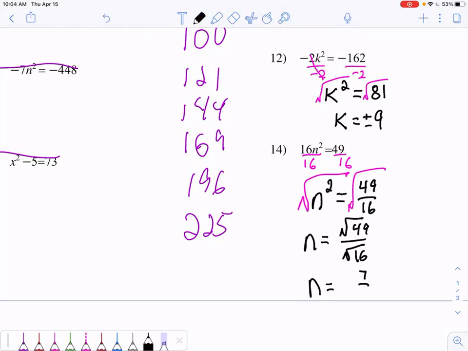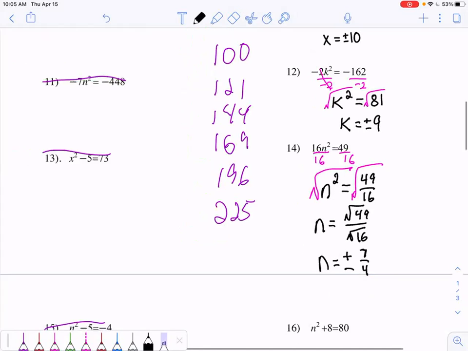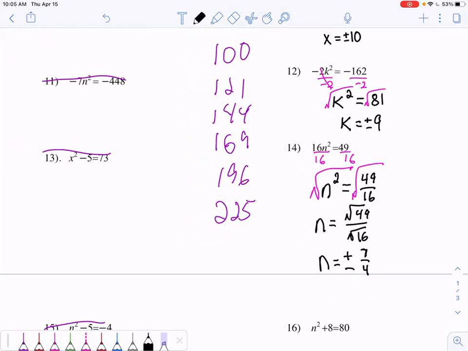Yeah, what's the square root of 16? So you get 7/4. And then what do you have to put in front of that? Just like every problem, it could be either positive or negative. Good. So plus minus 7/4. Very good. I don't know why I was thinking 16 wasn't a perfect square.